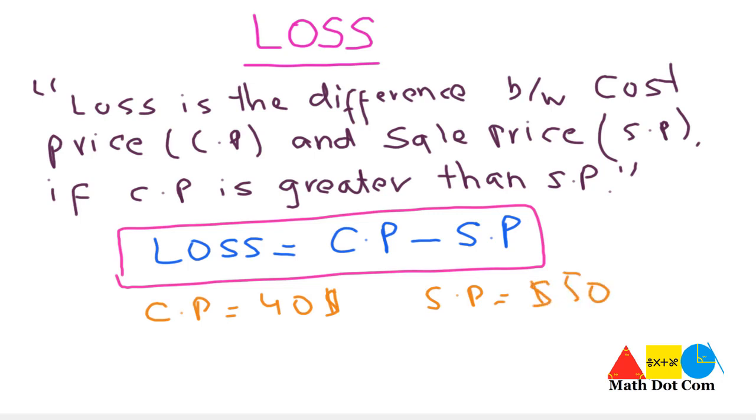Now it is clear from here that for a loss you must have CP greater than SP, but here the CP is not greater than SP. It means we cannot find loss here. For that purpose we must have CP greater than SP. When this condition is satisfied, we will have the loss.